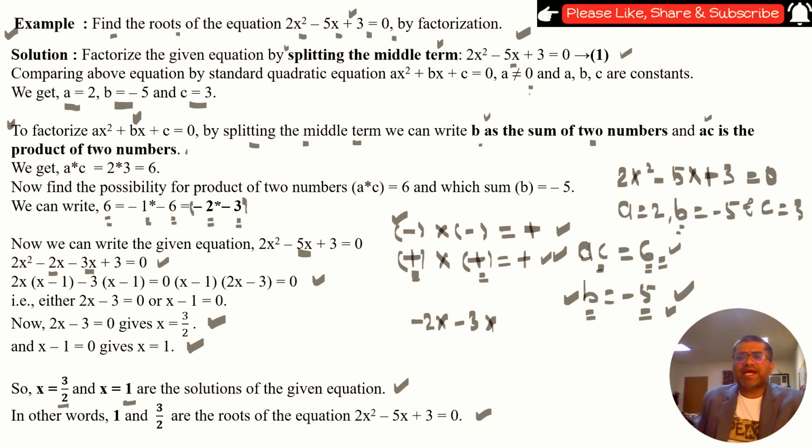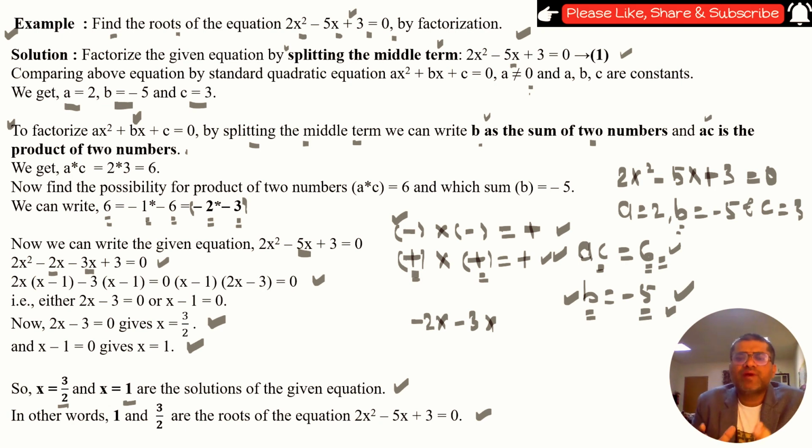Now we check whether these solutions satisfy the equation. To be sure, put the values of x in the given polynomial and check whether LHS is equal to RHS.